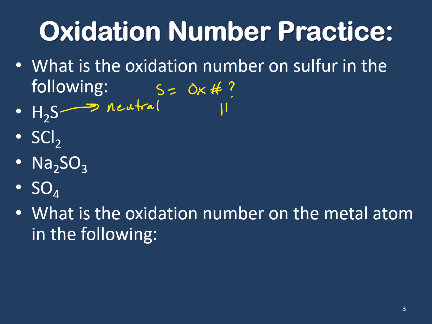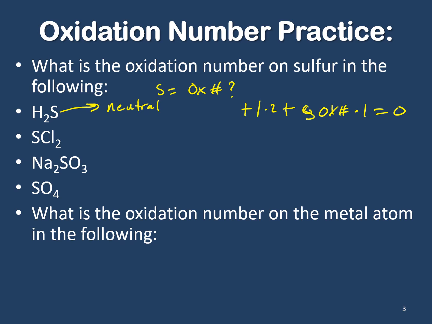This means that the oxidation number of hydrogen times 2, because there are 2 hydrogens, plus the oxidation number on sulfur, and there's only 1 of that, so we can multiply by 1 if you want, have to add up to 0. I have a rule for hydrogen: its oxidation number is pretty much always going to be +1.